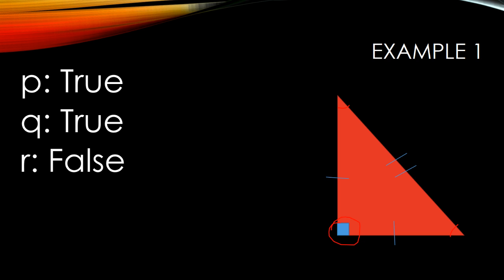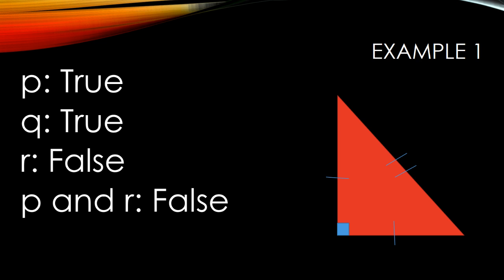So, if I gave you a statement, P and R, well, P is true, and R is false. P and R is only true if they're both true. It's the overlap. It's the middle of the Venn diagram. So P and R is false because R is false. Okay. What about Q and not R?